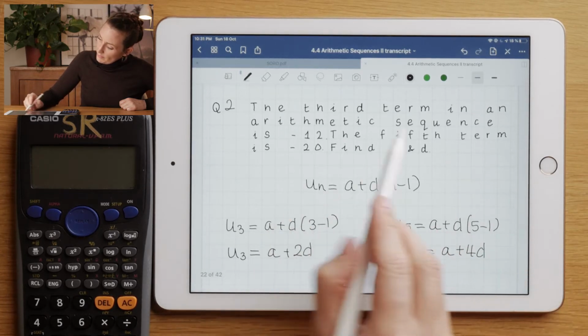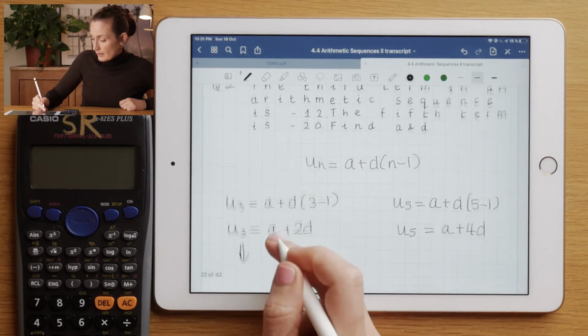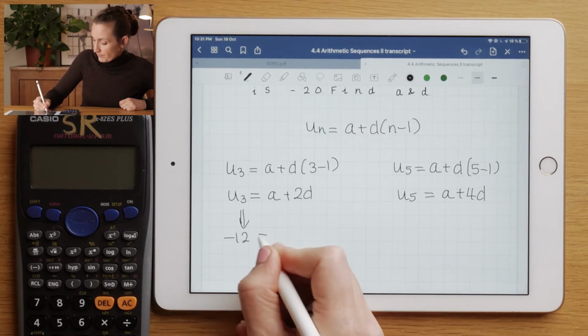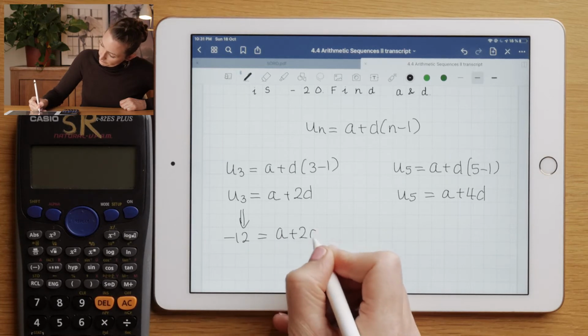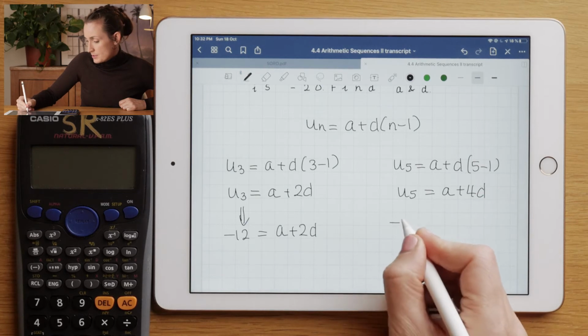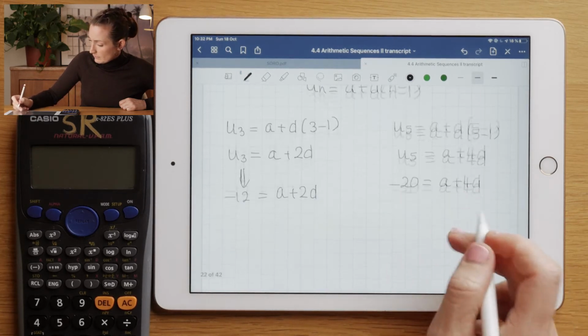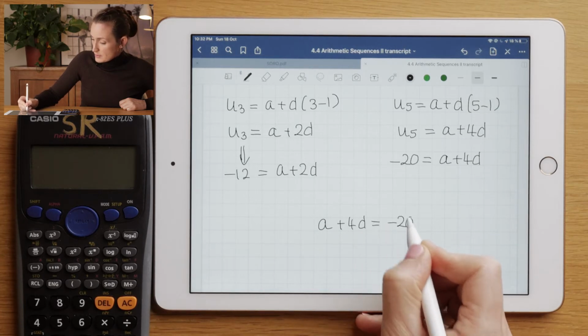But we know that the third term is minus 12, so we can replace u3 with minus 12. And we know that the fifth term is minus 20, so we can replace u5 with minus 20. We can solve these equations simultaneously.